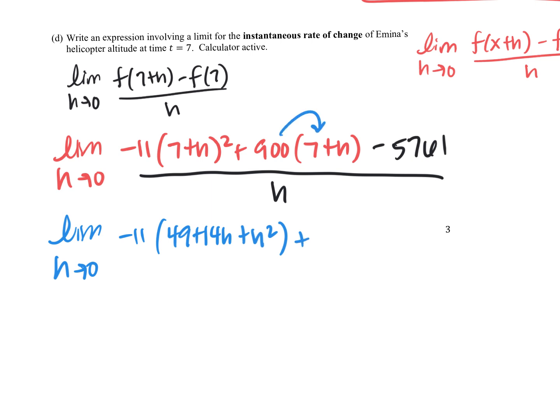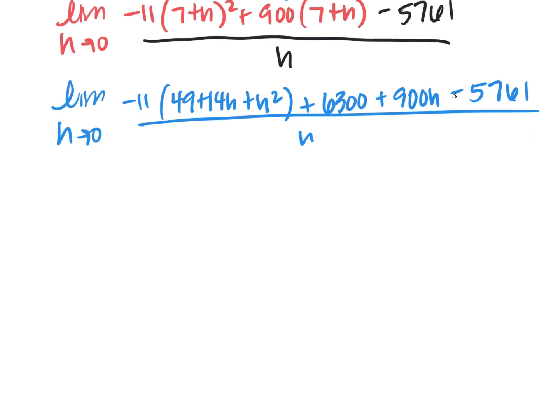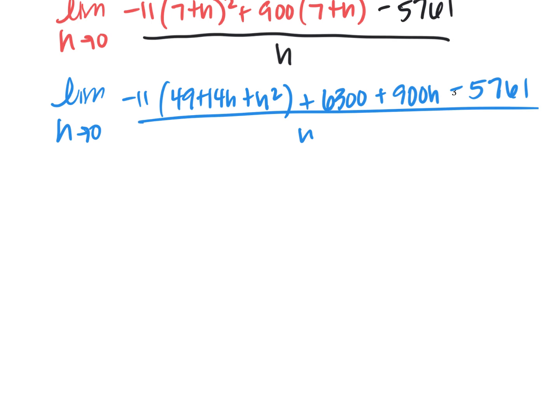What's 900 times 7? 6,300? Does that sound right? 9 times 7 is 63. Add two zeros. And then we have 900h minus 5761. Ooh, this is looking ugly, but we got this, people. Using those calculators, go distribute.